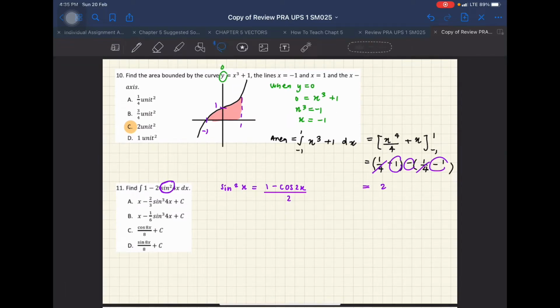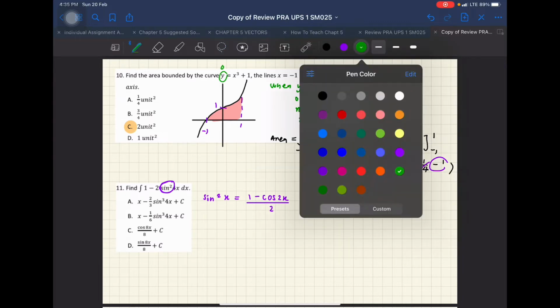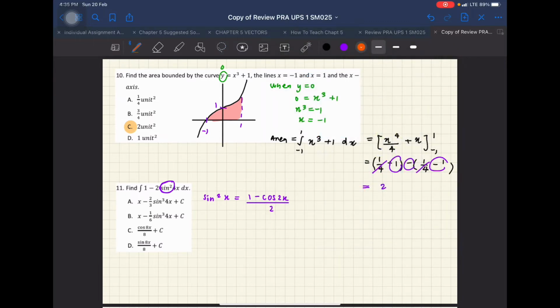Okay, tapi sekarang ni, you have right now is, let me change the color. So this one over here, awak ada 4x. Okay, tak nampak. Okay, so you have 4x over there. Alright, so this one, angle dekat sini, dia mesti 2 times your angle on the left. So you will get 2 times 4x is equal to 8x.